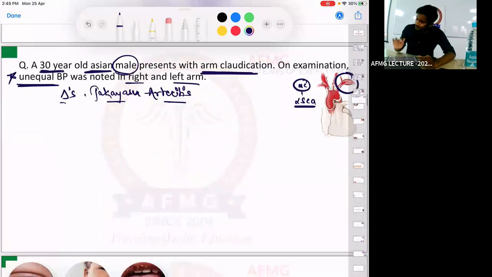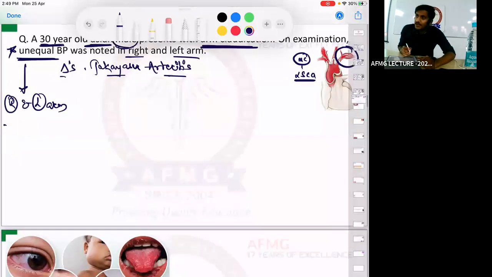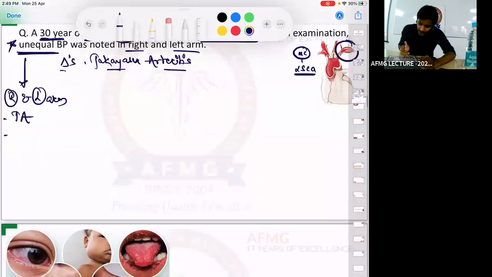Now please tell me, unequal blood pressure in the right and left arm is usually seen in conditions that you need to remember. First is Takayasu arteritis. Second is coarctation of aorta.